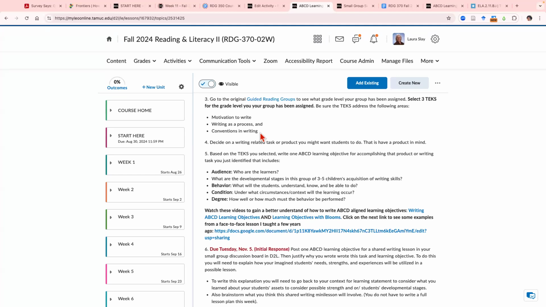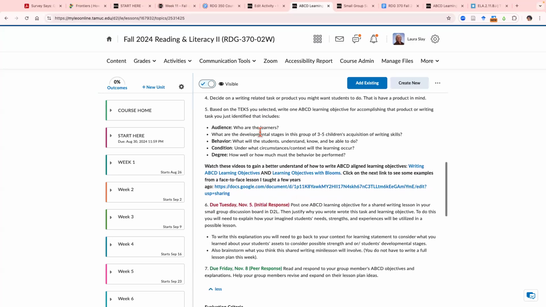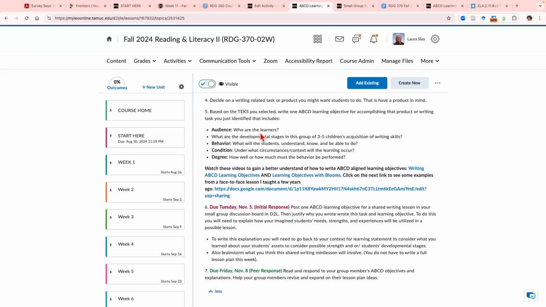That's where you have to get a little bit creative, but you have to be able to develop a motivation for writing. And the pre-K TEKs definitely talk about motivation for writing. You also develop the writing process and the conventions because those are the skills that you're teaching in a process. So you do an awful lot when you're teaching writing.